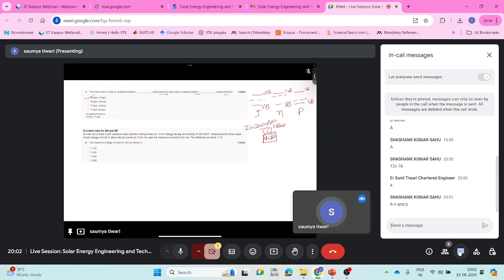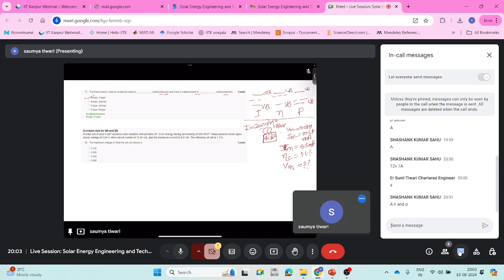Measurement shows an open circuit voltage of 0.24 volt, short circuit current of 10.24 milliampere, and maximum current Im of 6.5 milliampere. The efficiency of the cell is also given, 1.1%. What is the maximum voltage?